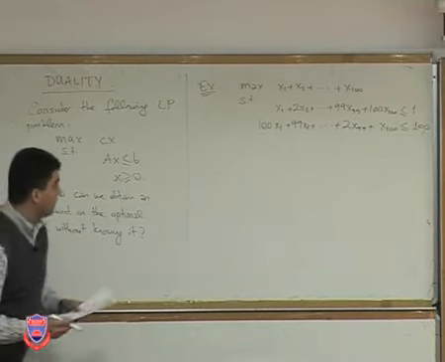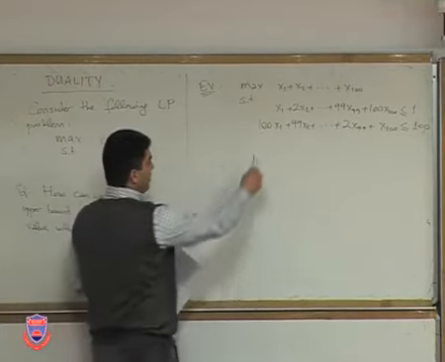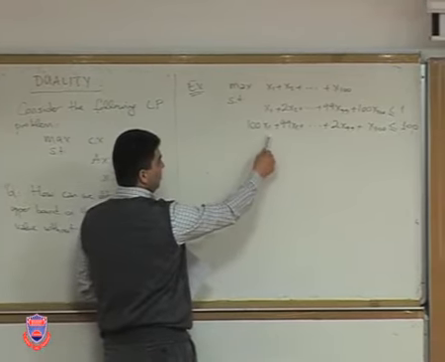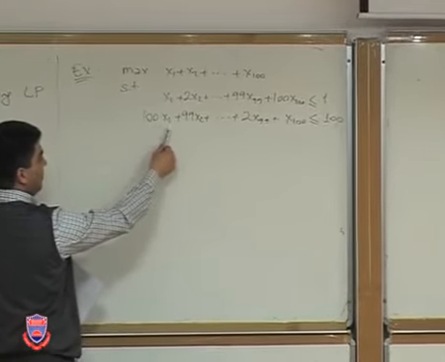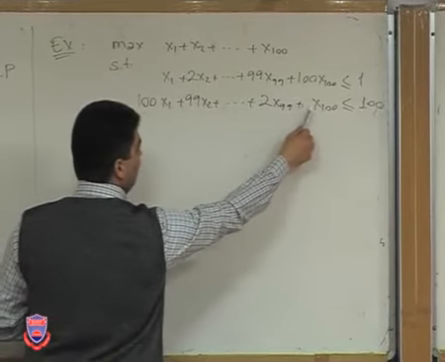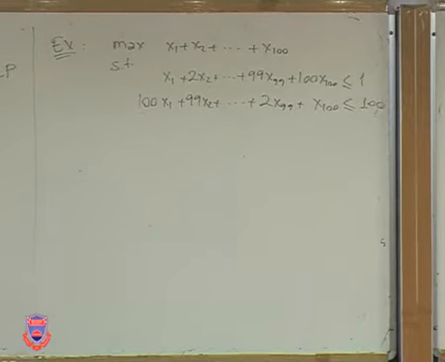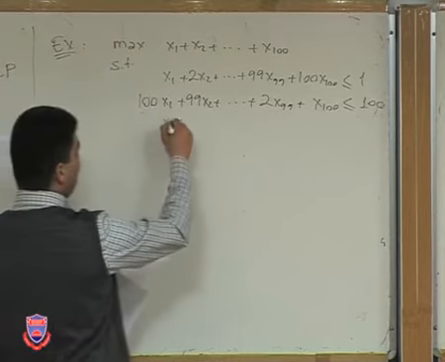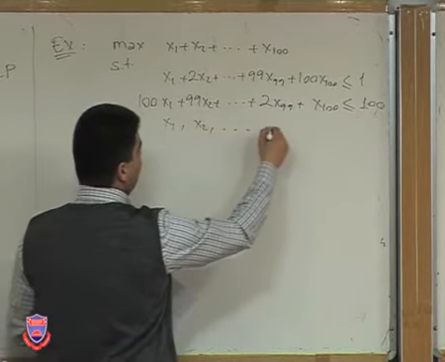One way to think about this is that the coefficient plus the index is always equal to 101: 100 plus 1 is 101, 99 plus 2 is 101, 2 plus 99 is 101, and 1 plus 100 is 101. So all I'm doing is changing the order of the coefficients. And each of my variables is non-negative.